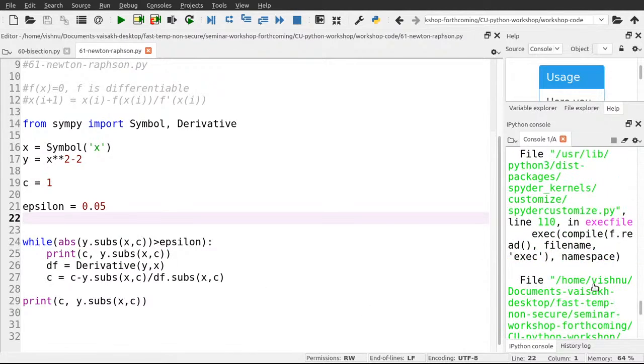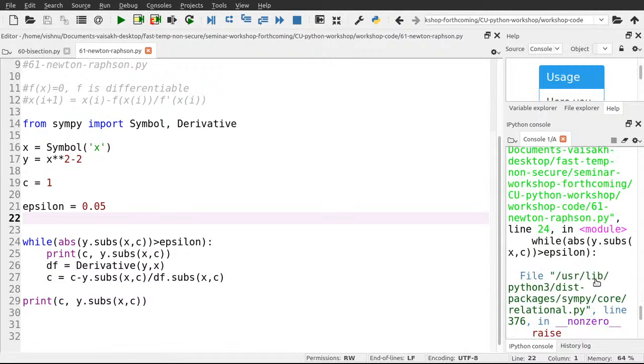Cannot determine. Okay, let us see where the error is. Absolute value of y at x = c.